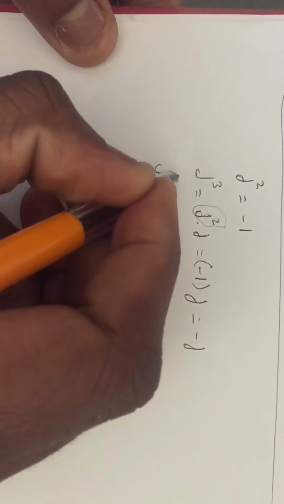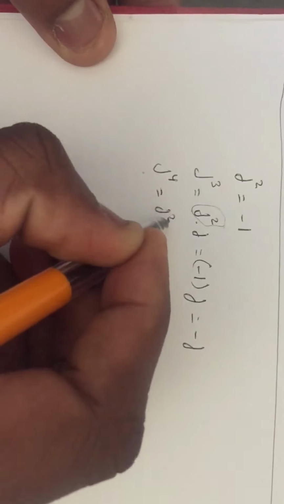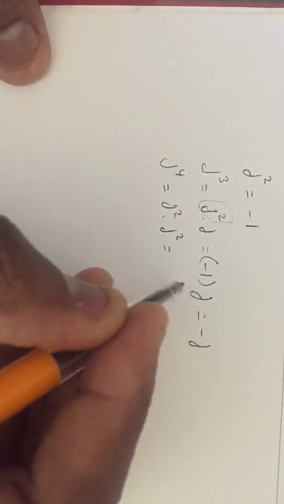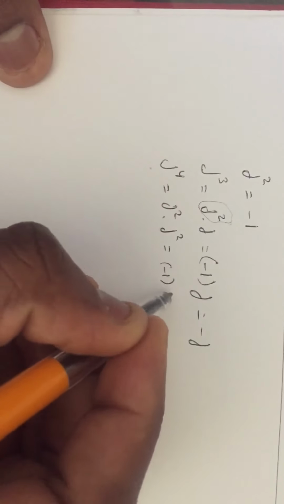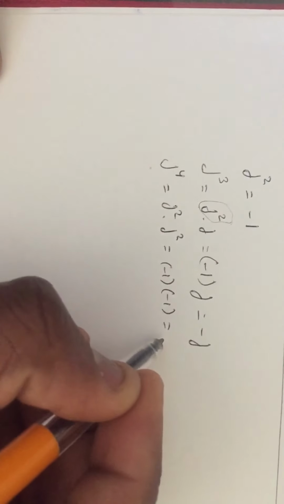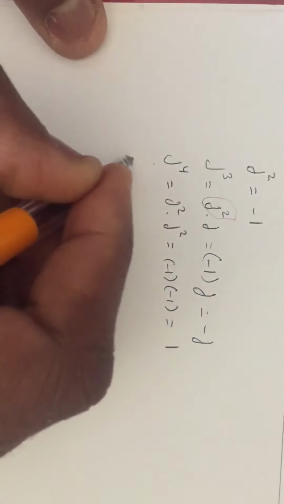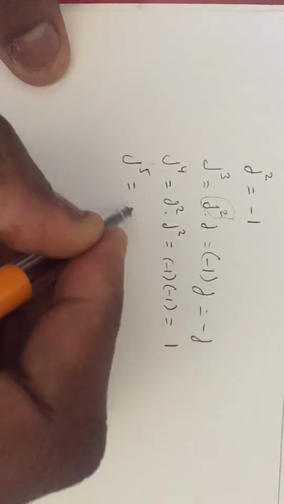J to the power 4 will be equal to j squared multiplied by j squared, which is minus 1 times minus 1, which gives you 1.